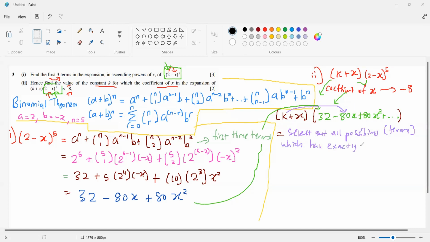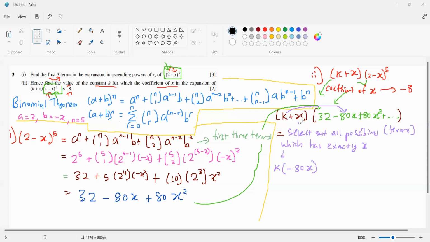That means the power of x is 1. As the arrow indicates, one of the ways to get there is k times -80x. If k is multiplied with anything else in the bracket, like 32, it's a constant. If it's multiplied with the 80x squared, it has a power of x at least 2. So no more with the k.